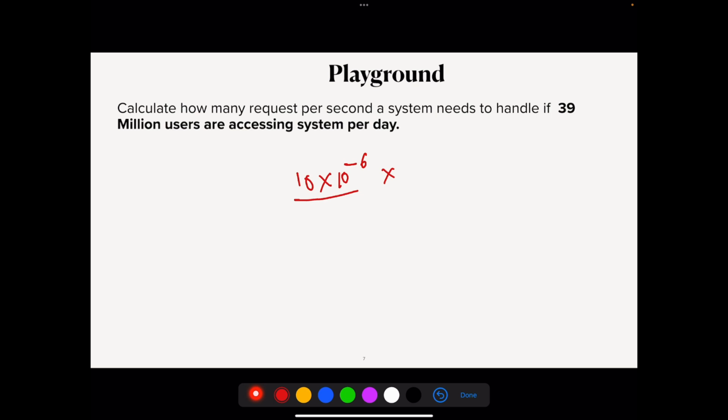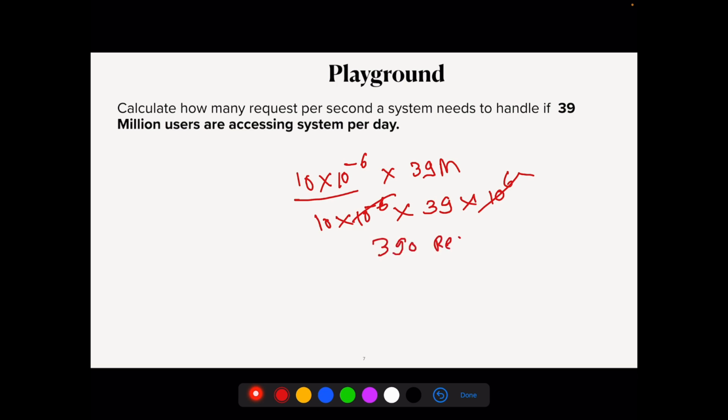Then multiply it with the number of requests: 10 into 10 to the power minus 6 into 39 million, and we can represent million as 10 to the power 6. We can just cancel it out. It will be 390 requests per second. Correct?